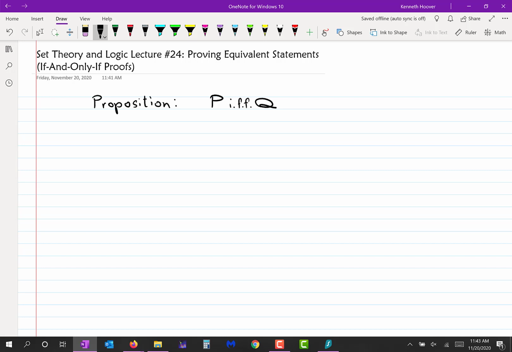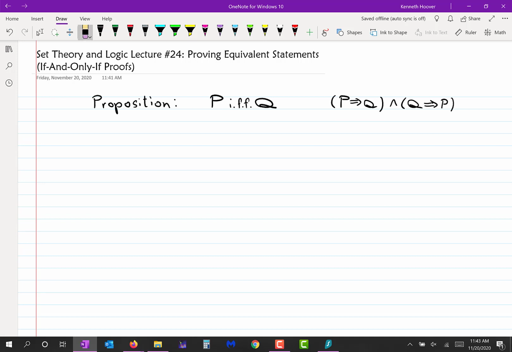Okay, the key is to remember what that means. That means P implies Q and Q implies P. So that means that you're wanting to prove actually two statements. So you need to prove this.